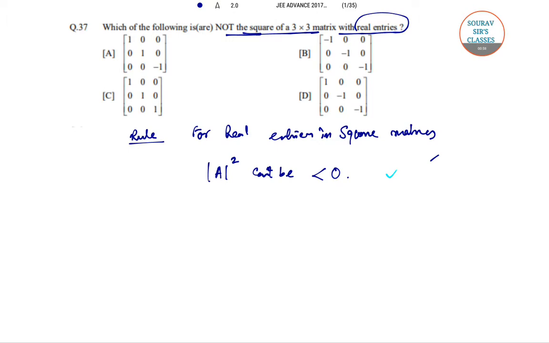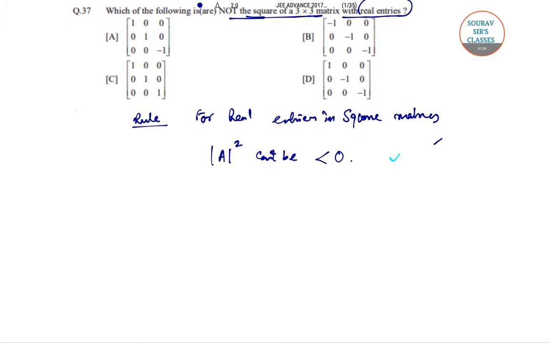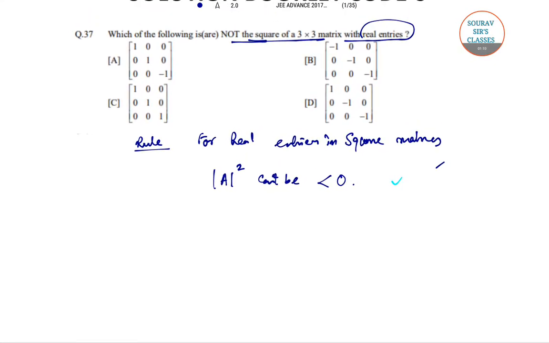Now, while solving this, how do we incorporate that idea into the structural formation of the matrix? Remember that in option A and option B, you can directly see that the determinant square cannot be negative. A and B are not of that structural formation, but you can see it from C here.